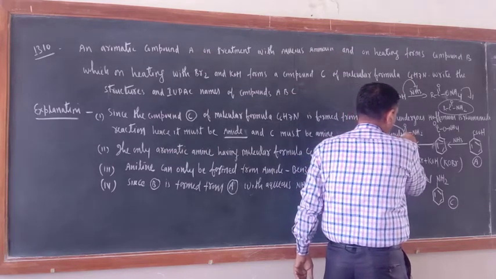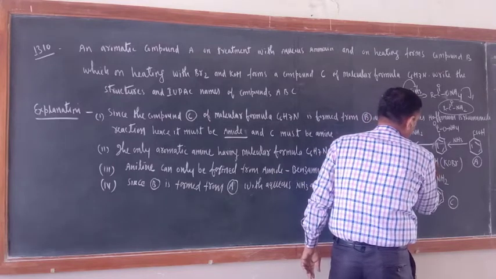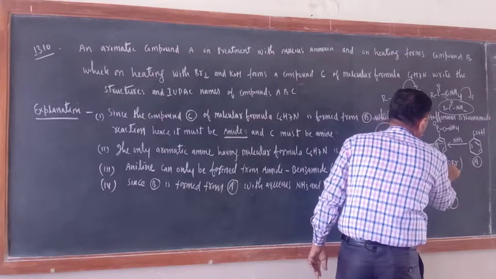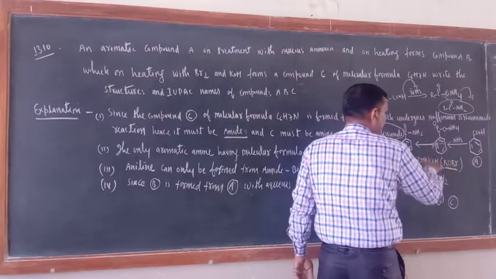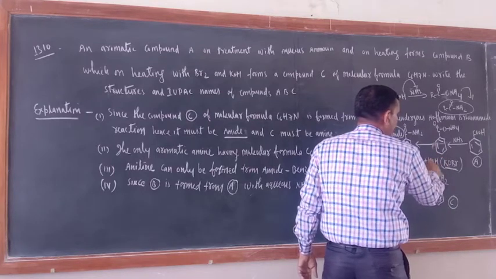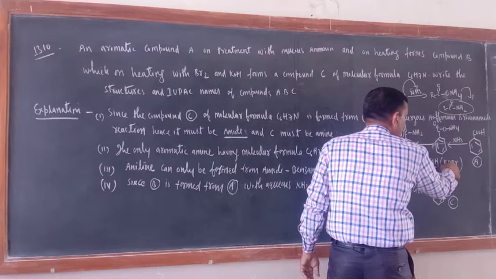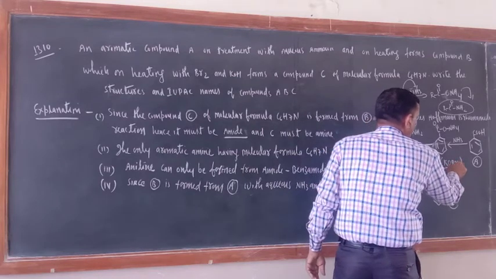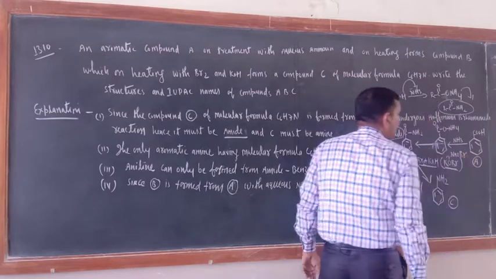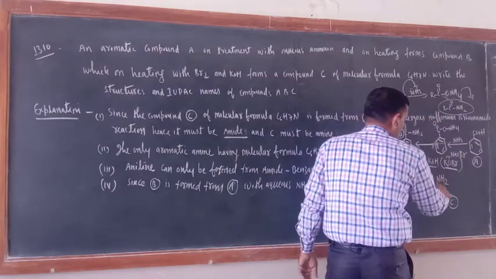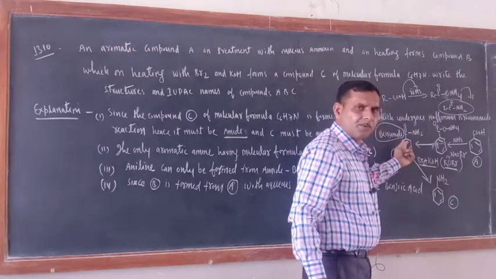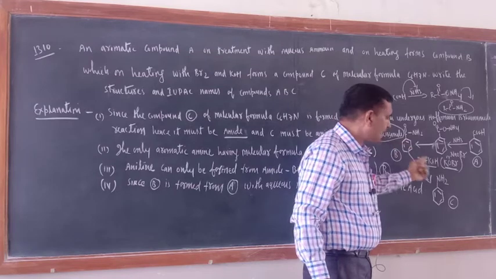And now when you treat this with Br2 plus KOH or NaOH, KOBr is formed, or with Br2 plus NaOH, NaOBr, sodium hypobromite, is formed. The Hofmann bromamide reaction product of benzamide is aniline.